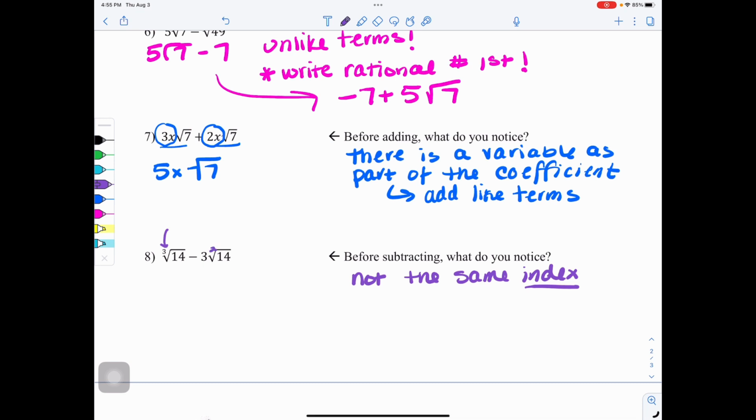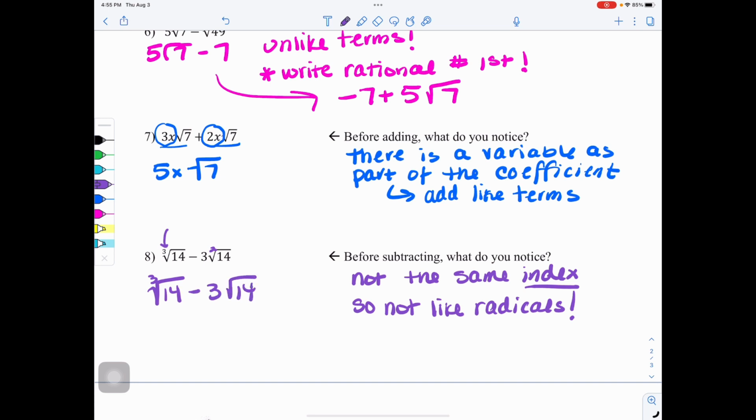So these are actually not like radicals. So that means my answer is exactly what my problem was. Cube root of 14 minus 3 square root 14, and that just is my answer. There's nothing I can do with that. And that concludes our lesson on adding and subtracting radicals or square roots.